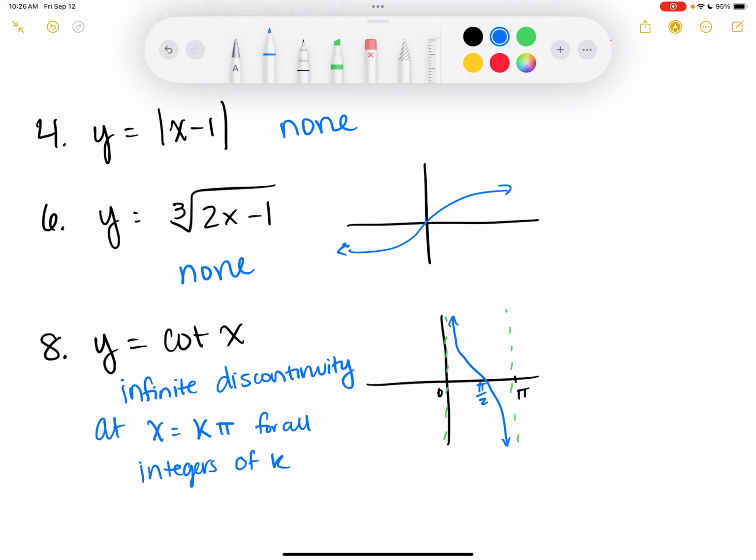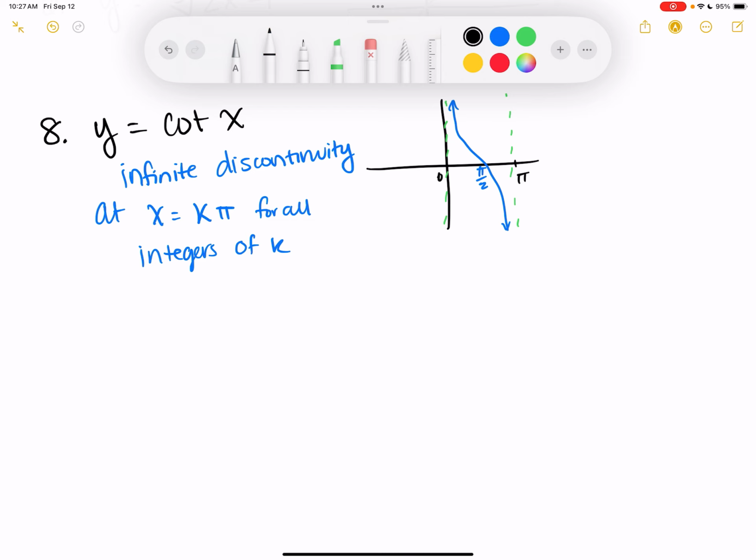If you had tangent, then we would say at k times pi over 2, where k is odd integers. It would be the same thing with that. You could also have them with secant and cosecant, but I have to draw them out to see where they are. But just so you're familiar with those.